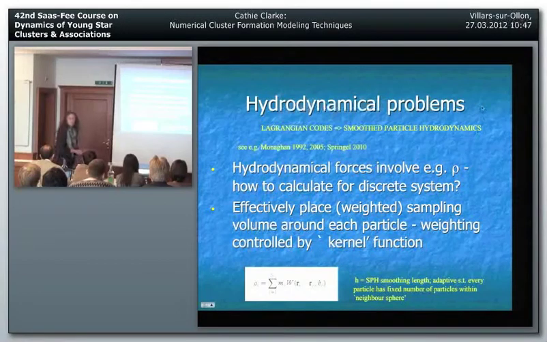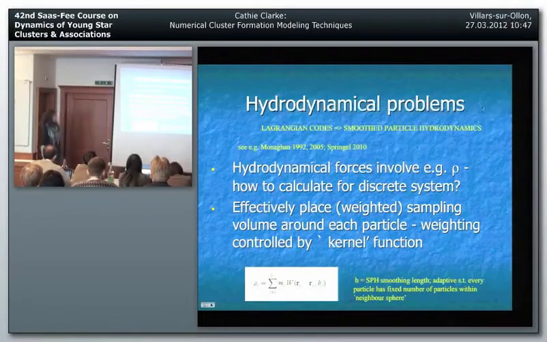Now, we need to do hydro because we know that our clusters are embedded when they're born. Conceptually, there are two ways of formulating the fluid dynamical equations: Eulerian, where you solve for properties on a grid, or Lagrangian, where you follow individual parcels of fluid and then compute changes in their properties.